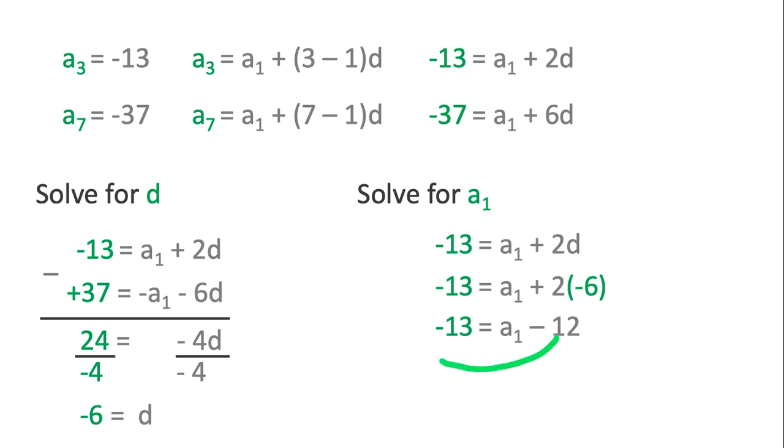Transpose the negative 12 to the other side of the equation. We need to remove negative 12 by pairing it with its opposite value, and that is positive 12. And since we add positive 12, we also need to add positive 12 to the other side of the equation so that the equation will be a sub 1 is equal to negative 13 plus 12. And what is left is negative 1. And there you go. We have our first term.